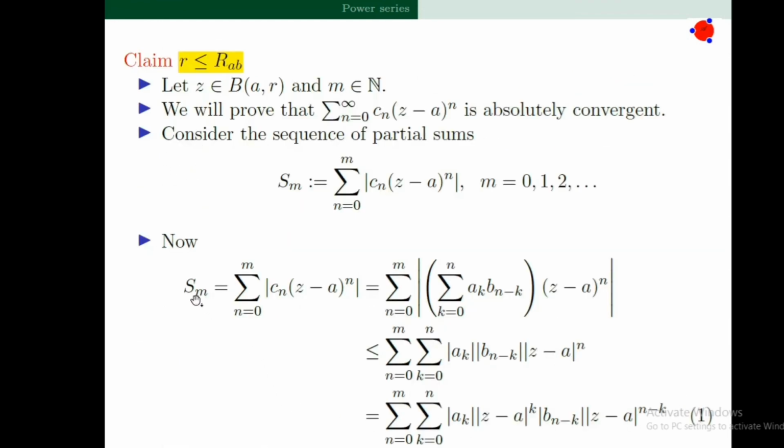Sm, the m plus 1th partial sum, is less than or equal to this, but we have proved that this is less than or equal to M for all m. That is, the sequence of partial sums Sm is bounded by M.